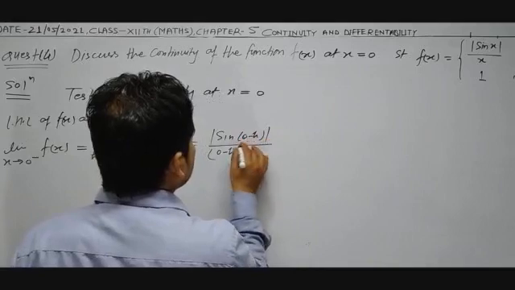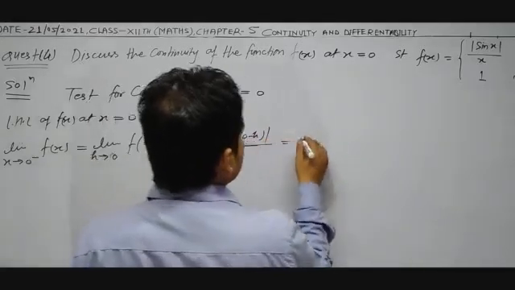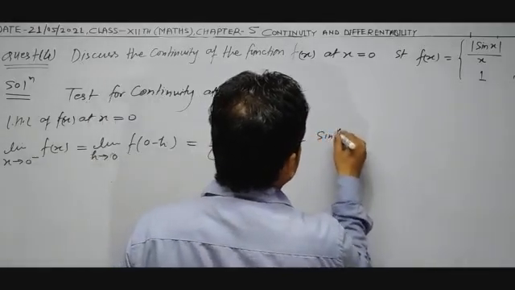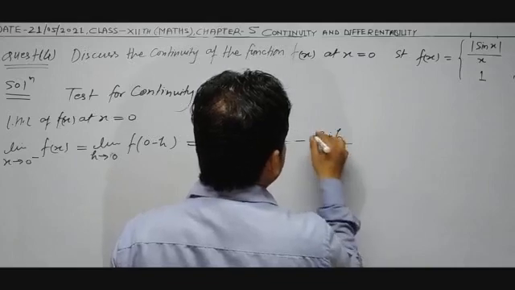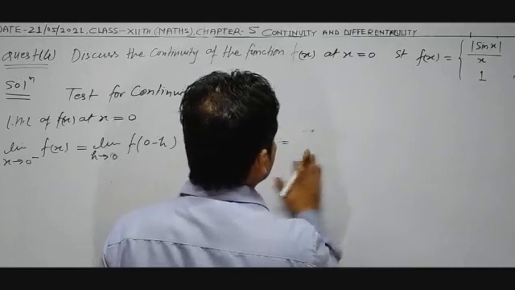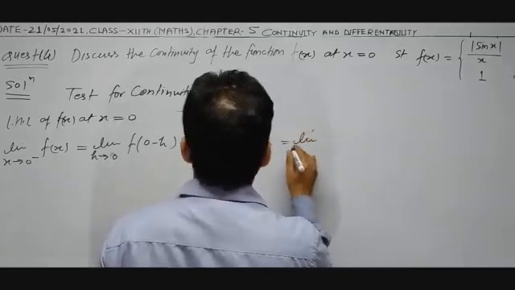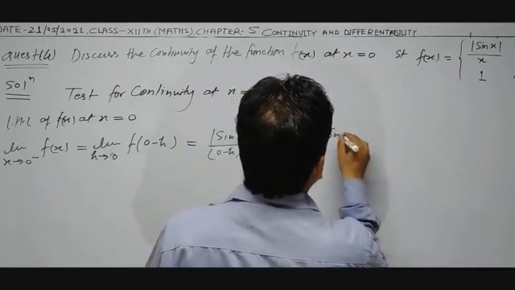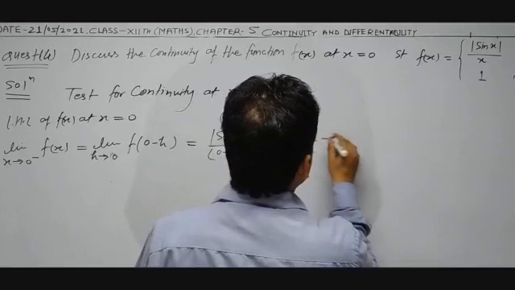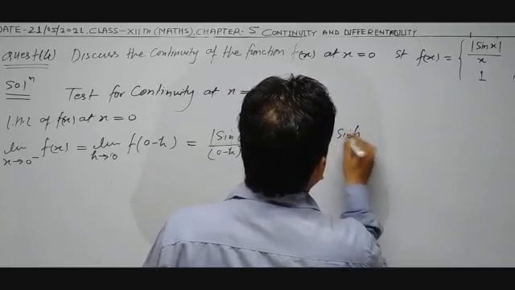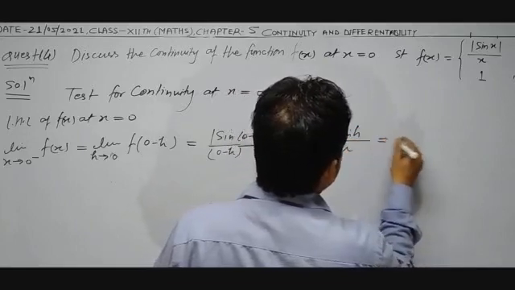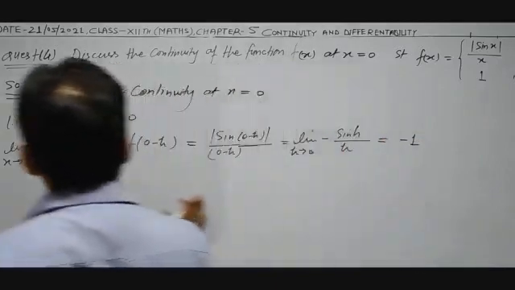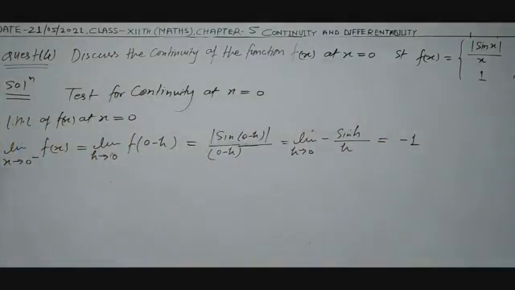So this is the result. You will get minus sine of h whole upon h, with limit h tends to 0, and this result will give minus 1. So this is the left hand limit of the function.